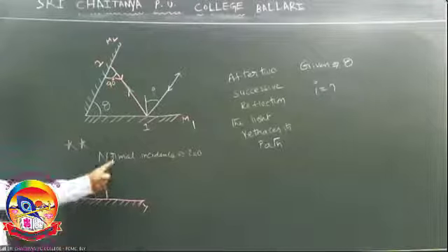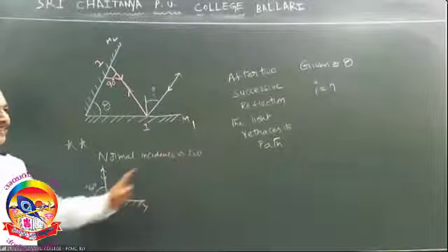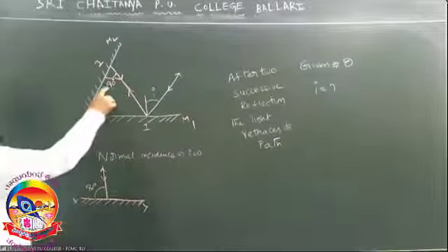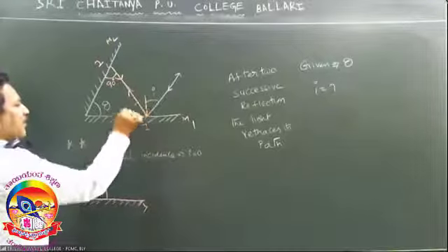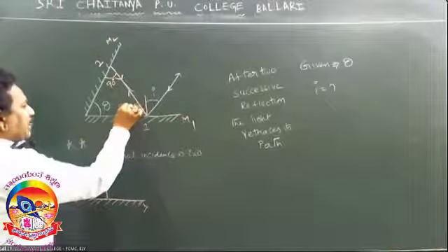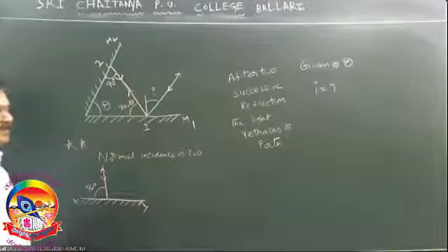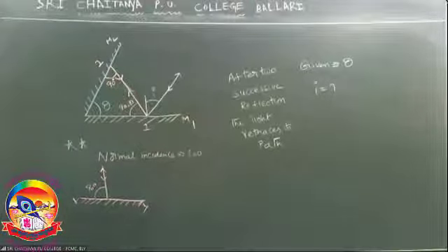This is the most important point. For normal incidence, I value is equal to 0. It will come back reflected. If I is equal to 0, what is the angle made with the mirror? 90. I am using this here. So automatically, this angle is equal to 90 minus theta, because the total angle must be 180.